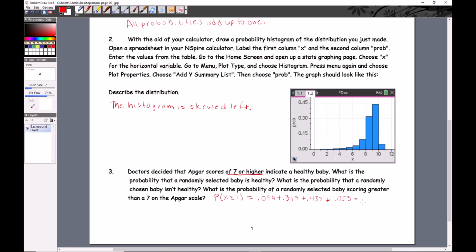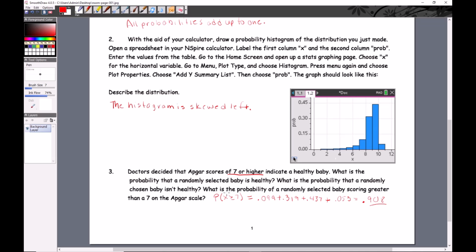And if I remember correctly, that adds up to 0.908, which is good. Like, that's saying roughly 91% of babies show up as healthy. That's kind of what we want. It'd be nice to have it higher, but well, we'll take it.